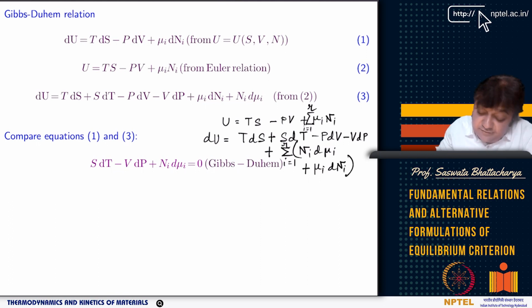Now compare. If you compare, you have mu i dni already in equation 1, but there is no ni d mu i, right? So if I look at 3 and look at 1, if I compare this one and this one, then immediately I can see that the terms s dt minus v dp and ni d mu i are coming extra, and so s dt minus v dp plus sum ni d mu i has to be equal to 0, and this is called the Gibbs-Duhem relation.